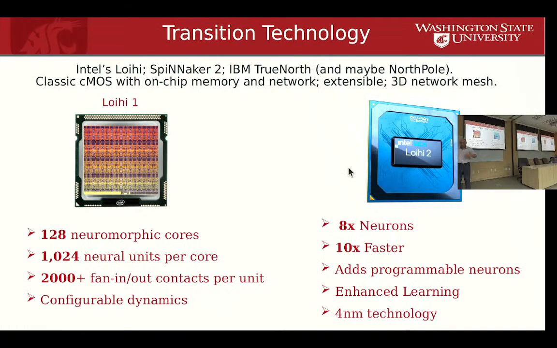So we started with Loihi 1: some number of cores, some number of neural units per core. What was very interesting for us at that time is this boundary, more than 2,000 connections going out of a single neuron or coming into a single neuron.